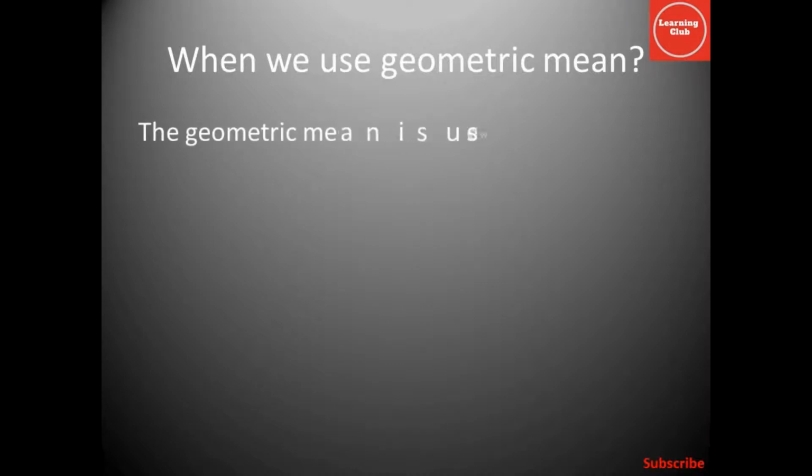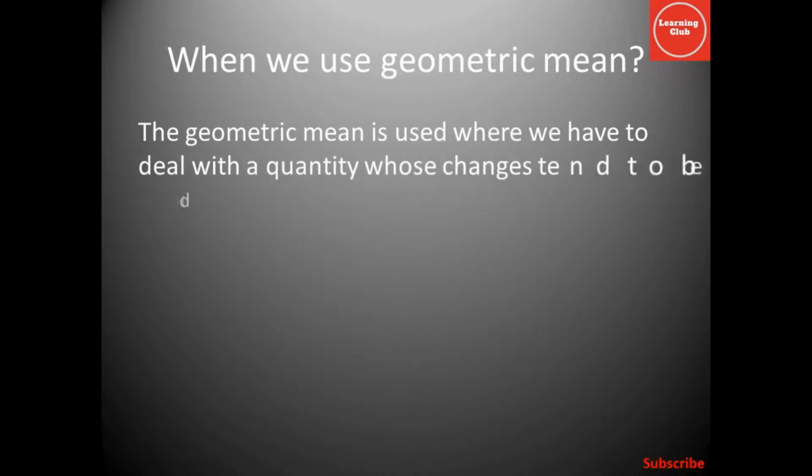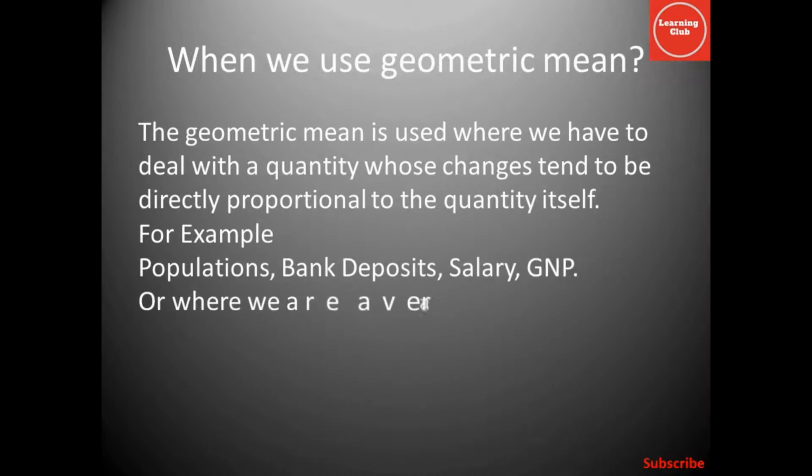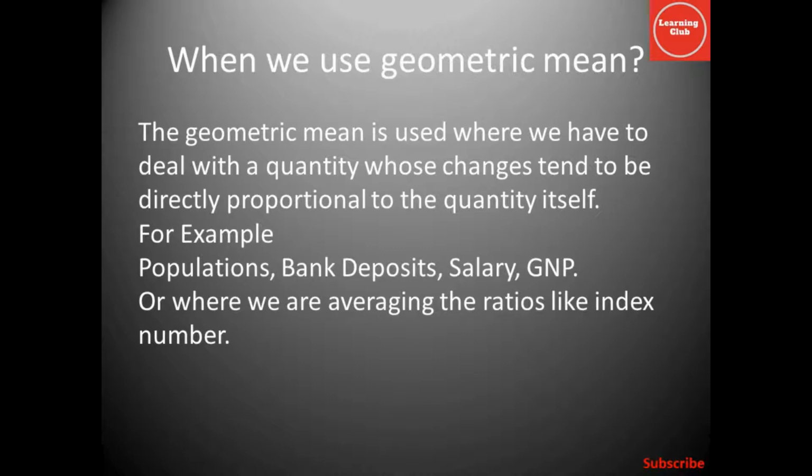In other words, geometric mean is used where we have to deal with a quantity whose changes tend to be directly proportional to the quantity itself. For example, population, bank deposits, salary, GNP, or where we are averaging ratios like index numbers. We use geometric mean in which we want to compare the value with itself.